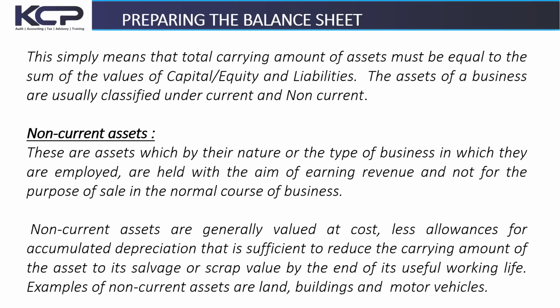What if the non-current asset is intangible? What would be the appropriate accounting standard? IAS 38. 36 or 38? 38. 36 is impairment. What is 36? Impairment of assets.